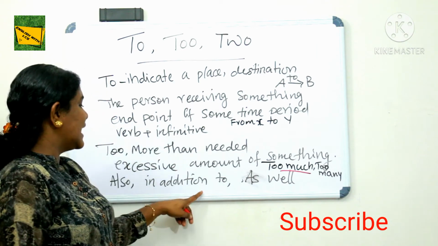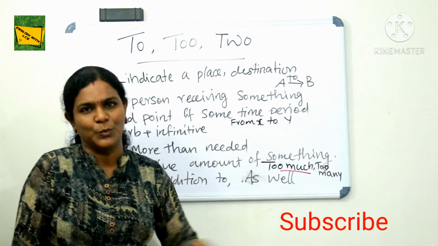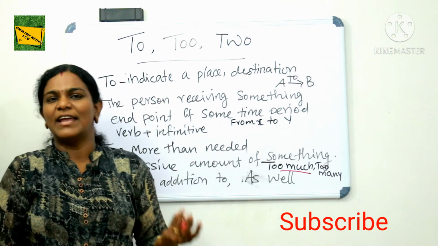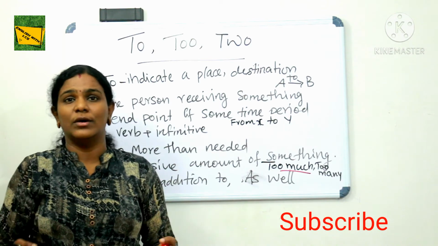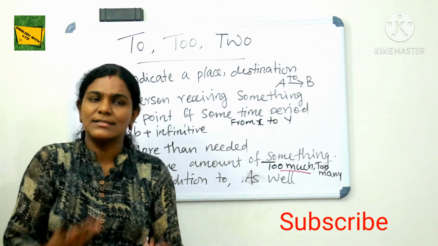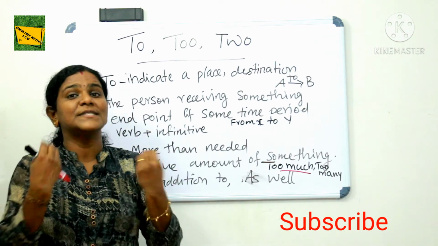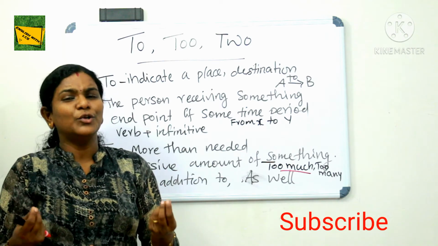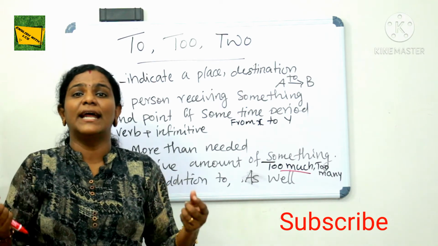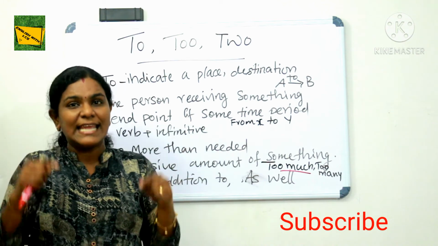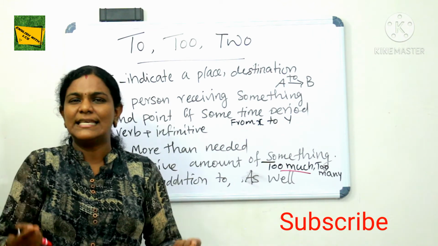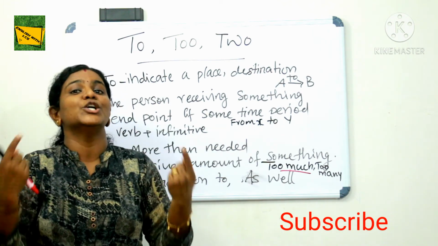Then the next one is in addition to. For example, if I went to a restaurant and I have ordered coffee and I'm again seeing the waiter and I am saying to him, could you please give me a piece of bread too? That means in addition to the coffee, can you please serve a piece of bread too?